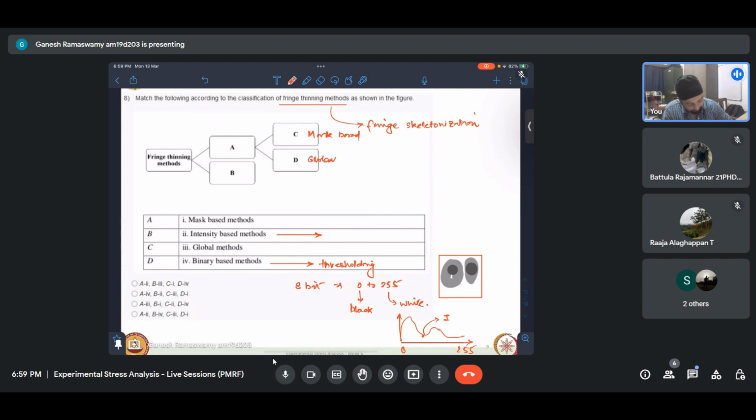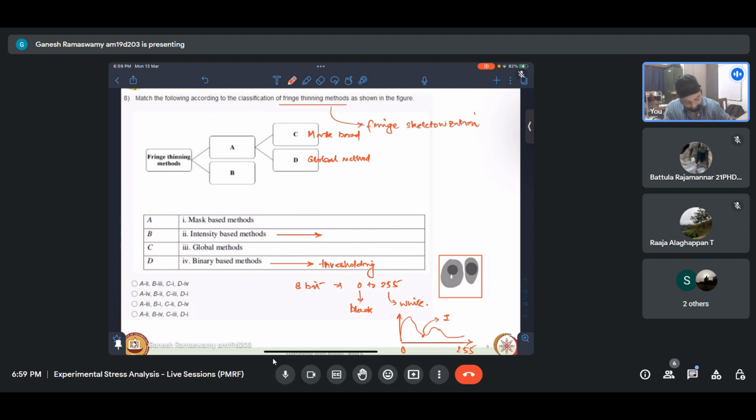Now the scanning which we saw, where we are doing scanning with respect to intensity, and we will be doing it in a finite number of directions in order to design the entire fringe skeleton by using if, else, and conditional operators, those fall under global methods only.